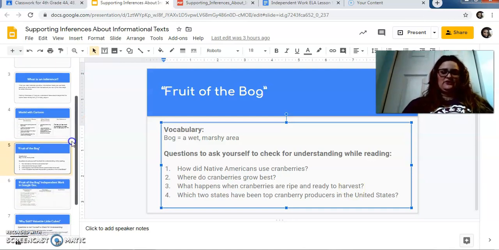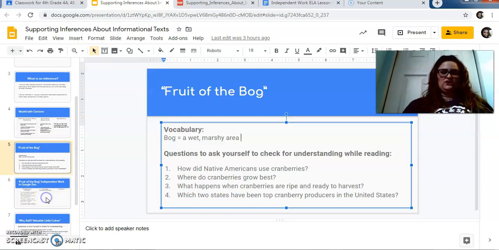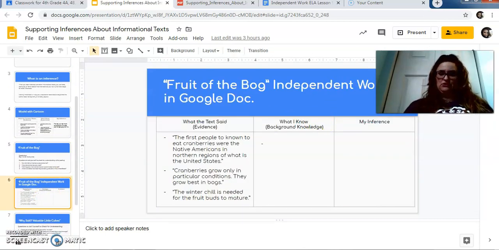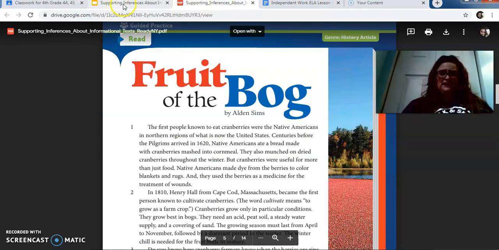So after you've read this, you are going to complete this table on the Google Doc. It is the same type of table that I just completed and you just watched me do based on the cartoon, but instead you'll be using the story, the text, The Fruit of the Bog, to complete it.